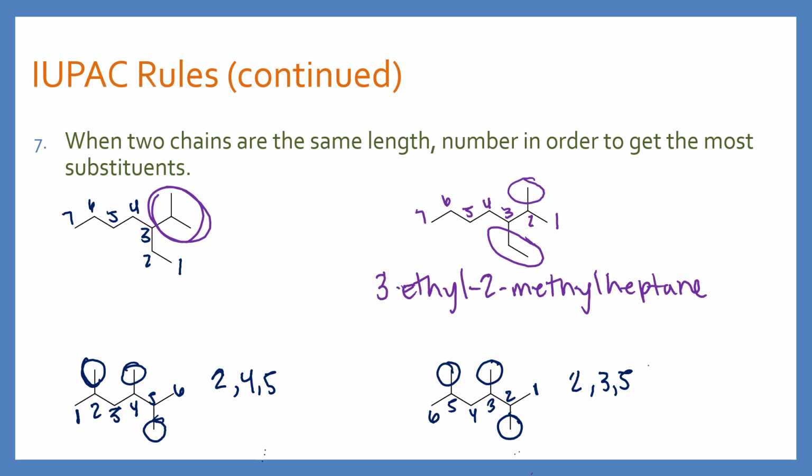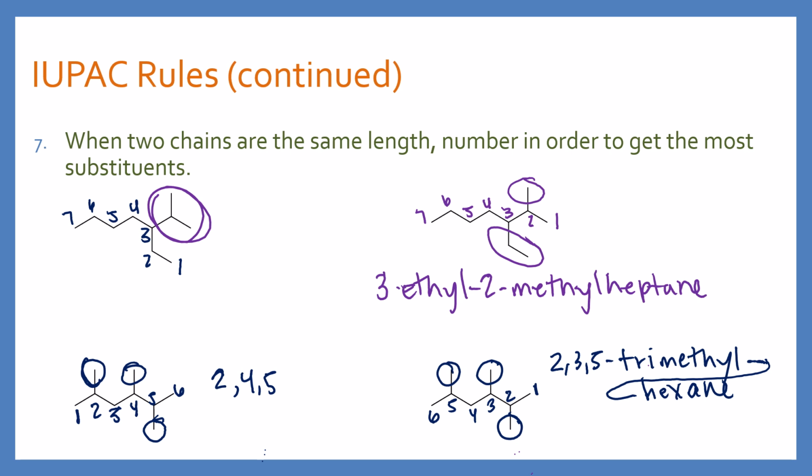So the name of this molecule would be 2, 3, 5 trimethyl, oh, I ran out of space, hexane. So this should be all on one line. 2, 3, 5 trimethylhexane.